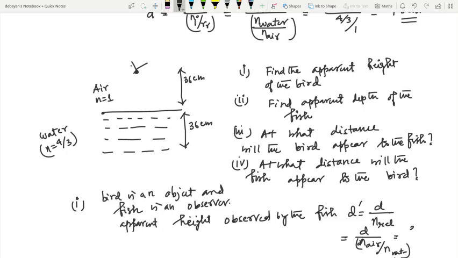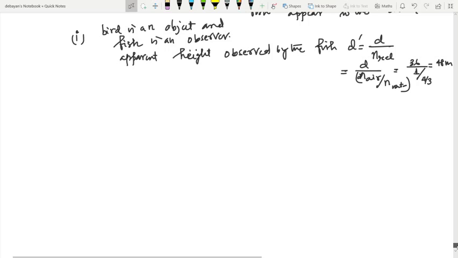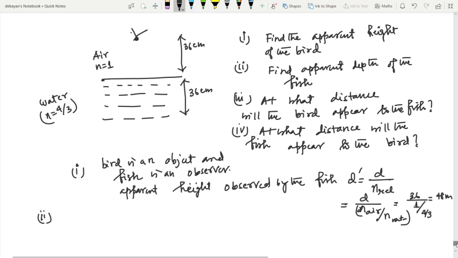Air is 1 and water is 4/3, and if you do the calculation it will come out 48 centimeter. So the first answer is 48, and the second question is find the apparent depth of the fish. In that second case, the fish is an object and the bird is an observer.